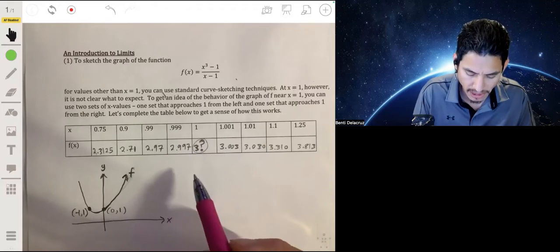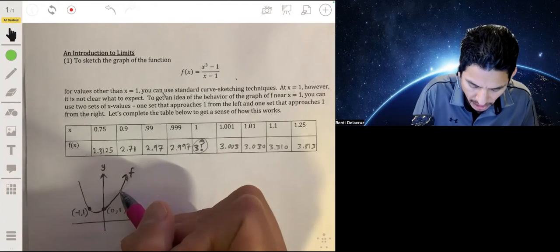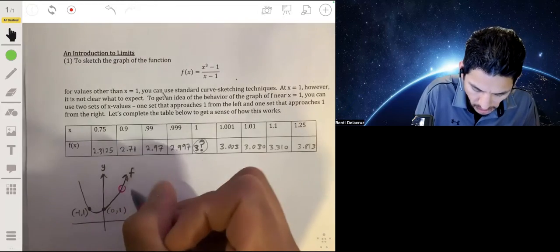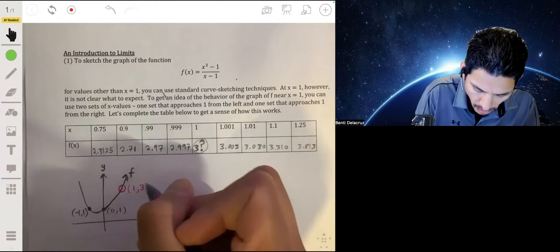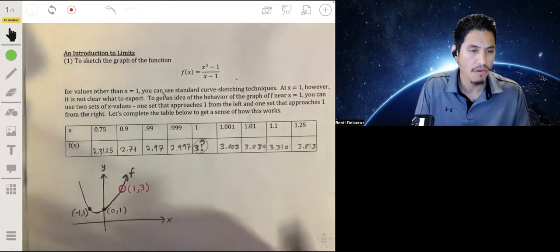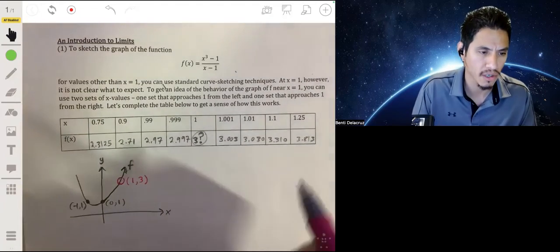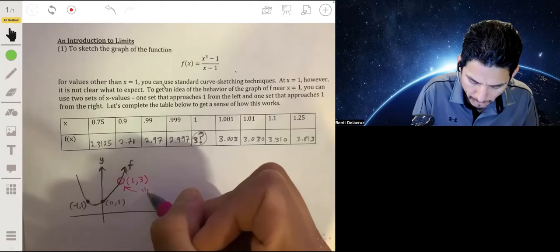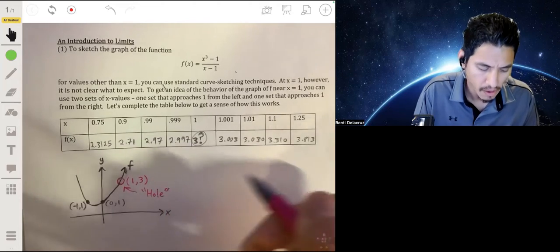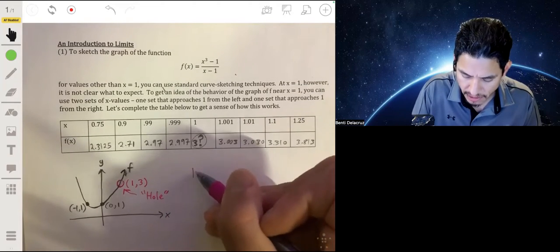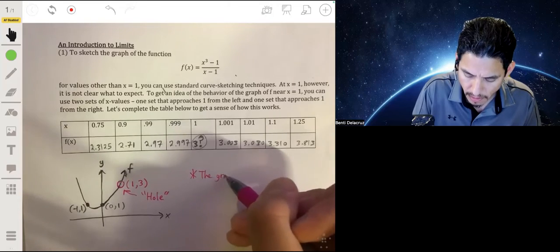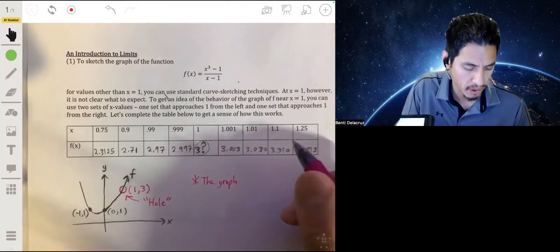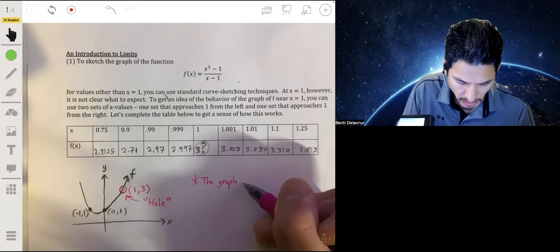Well, what's actually going on is that you have a discontinuity, or we also call it a hole. So the graph is essentially a parabola with a discontinuity, you can say a gap or a hole, at 1, 3.